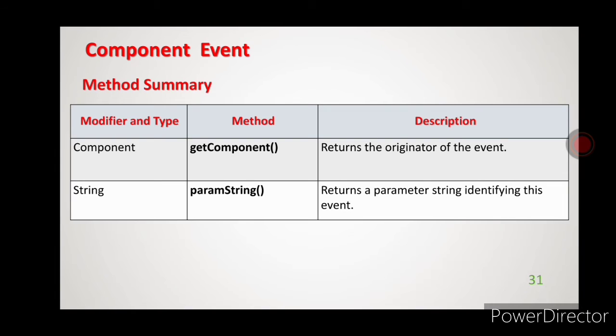Then paramString, the return type is String. It returns the parameter string identifying this event, which is mainly used for debugging purposes. This is about the method summary, or we can call them the methods we will use in a component event.